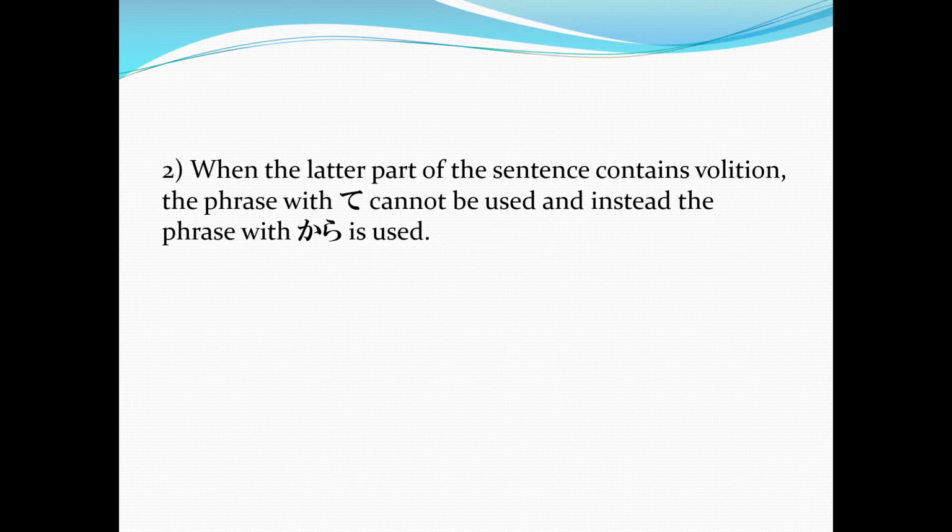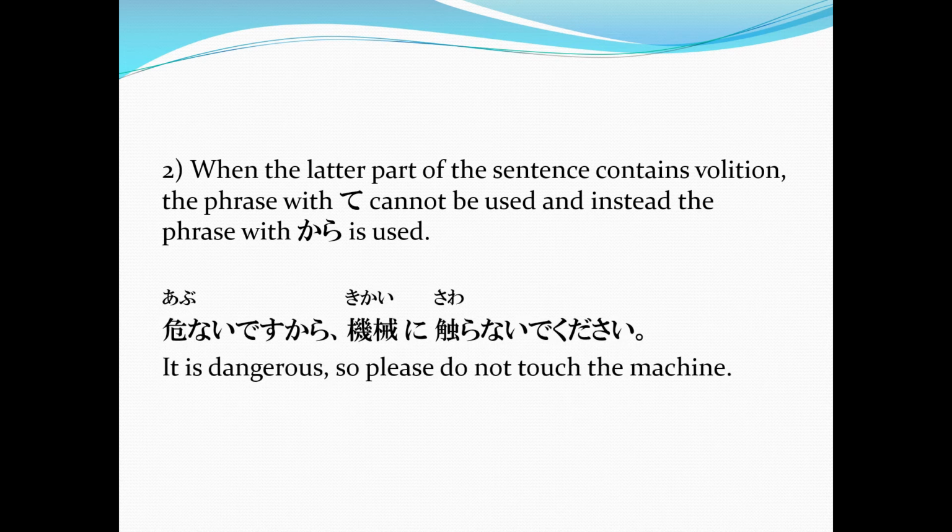You have to use kara. Example, 危ないですから機械に触らないでください。It is dangerous, so please do not touch the machine. You are telling someone not to do something, so we have to use kara.